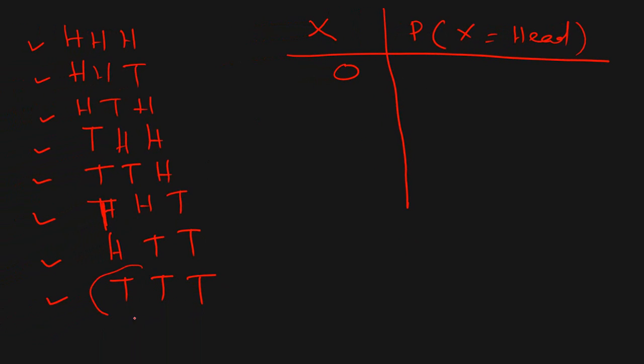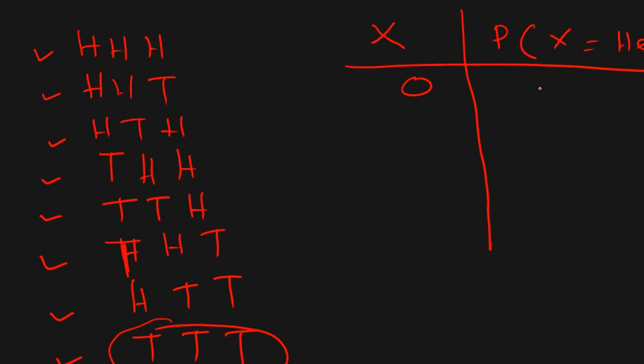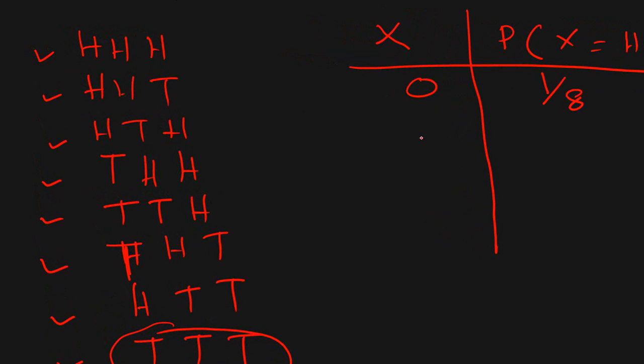Only one case, right? The last case where we have only tails. So the probability that you will get 0 heads is 1 by 8, because there is only one favorable case, and the total number of cases is 8, as we counted initially. So it's 1 by 8.